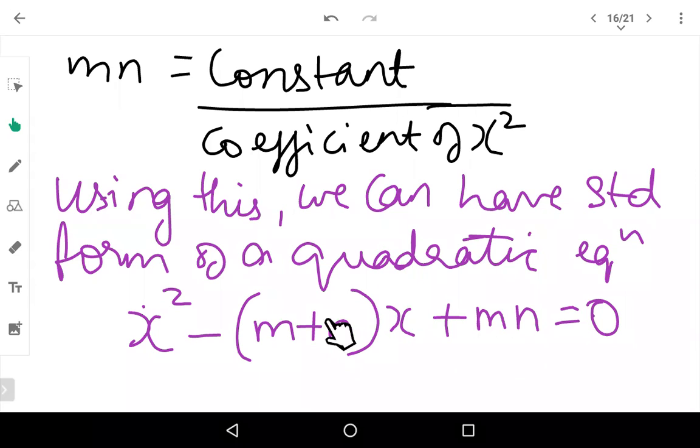How is that? x square minus (m plus n) x. This is the sum of the roots into x. So m plus n becomes the coefficient of x, and the product of the roots, that is m into n, becomes the constant.